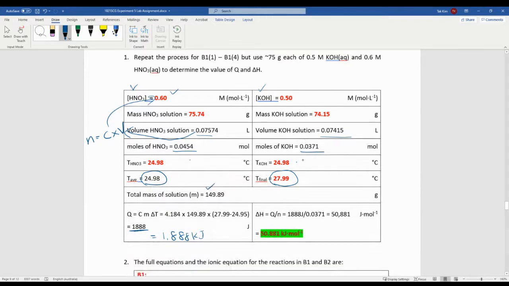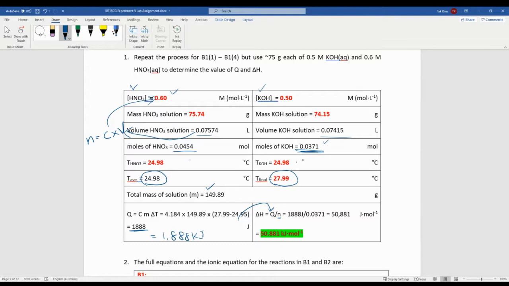All right. So you do the same for the changes in enthalpy. You use the Q value from your calculation over here, and then you need to use the number of moles of your limiting reagent. Same again, since we used pretty much the same amount of base and acid, and the concentration of base is lower than acid, this should be your limiting reagent, which is obviously much smaller in terms of number of moles than acid, right?